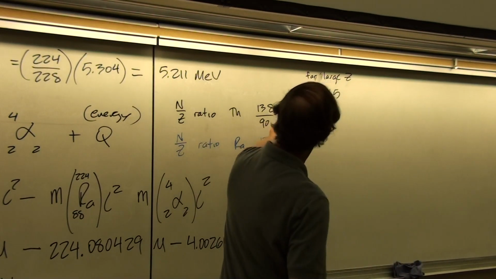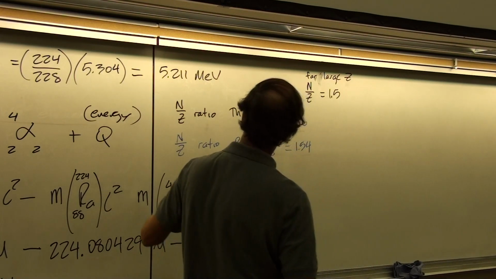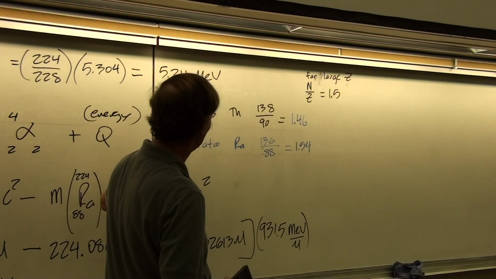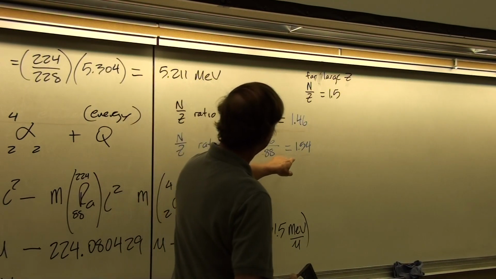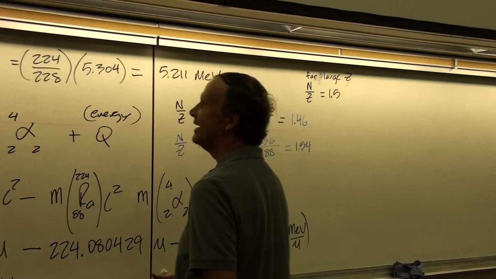So this reaction tends to go because the N to Z ratio was a little lower than 1.5, but then it overshot a little bit in the other direction. And so this 1.54 tends to indicate that this one might still not be quite stable and might tend to decay again.